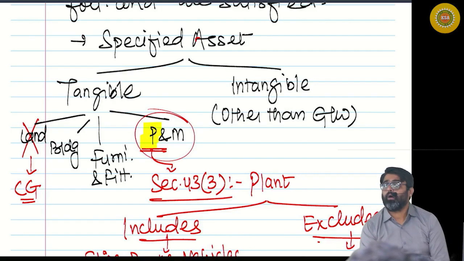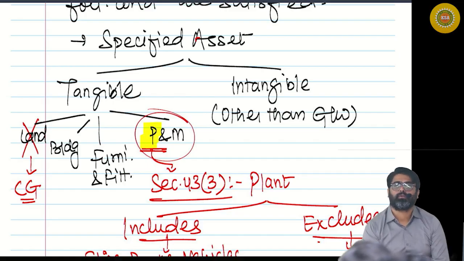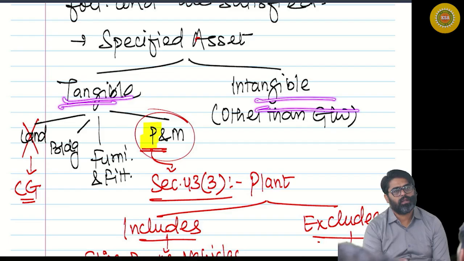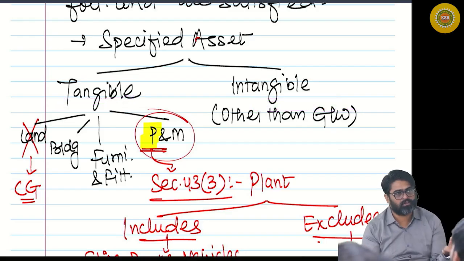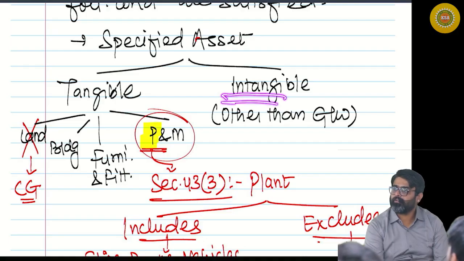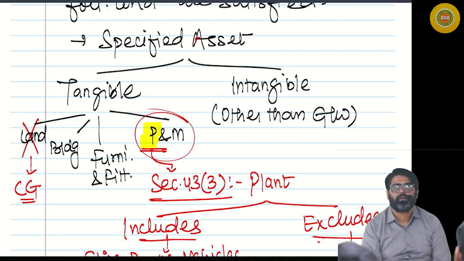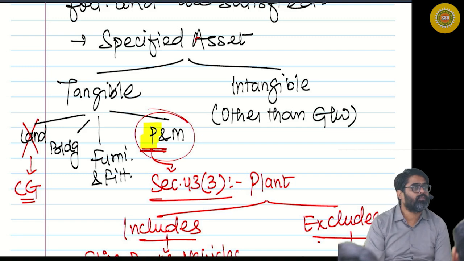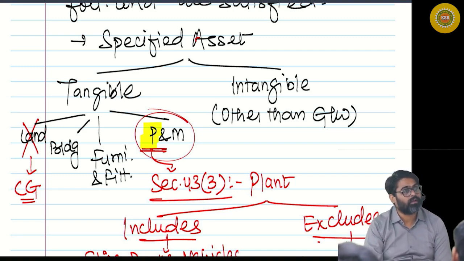Now tell me, how many types of assets can you use in your business? Common sense. Tangible, intangible. The assets which are used in the business can be classified into two parts. Intangible means patent, know-how, copyrights, franchises, information. Yes or no? Even goodwill is also there.